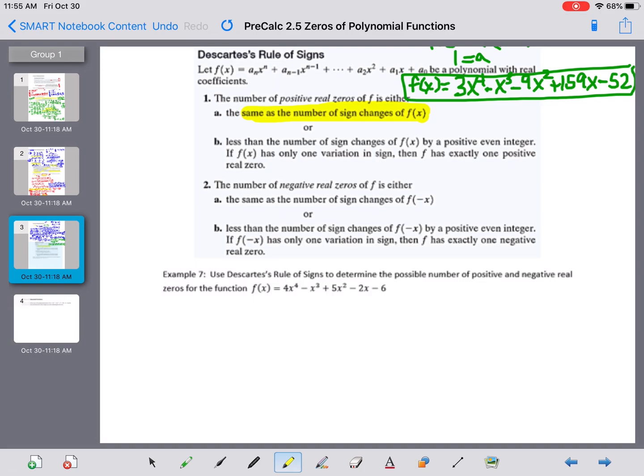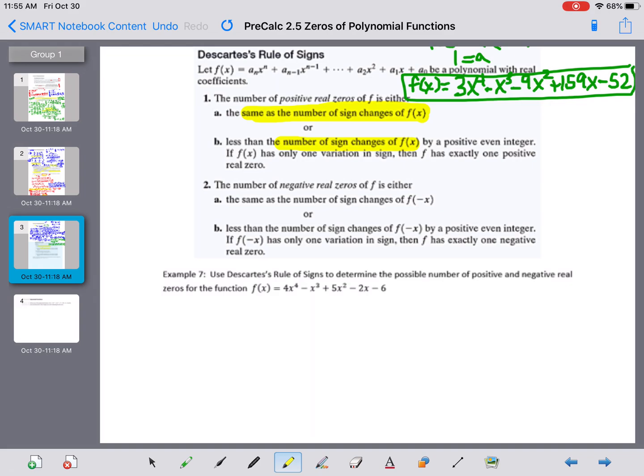The number of sign changes is the possible number of positive roots we might have. Now, it's that number, or any number less than that by a positive even integer. I know that doesn't make sense right now, but go with me here. And we keep going down until we get to 0, okay?